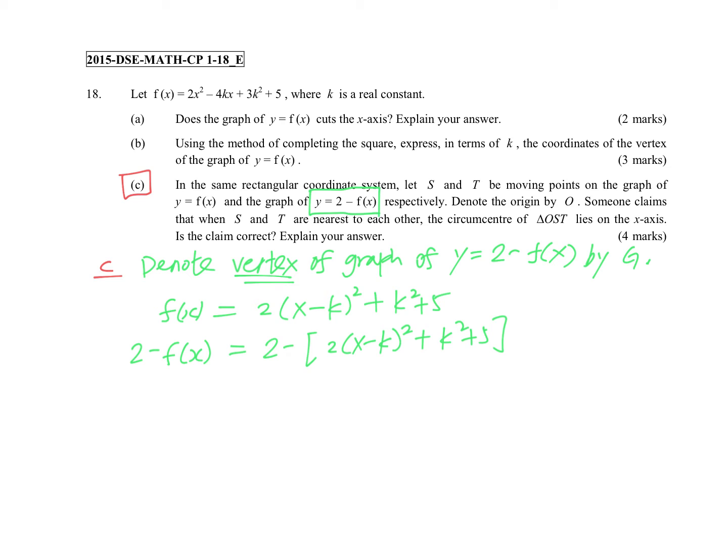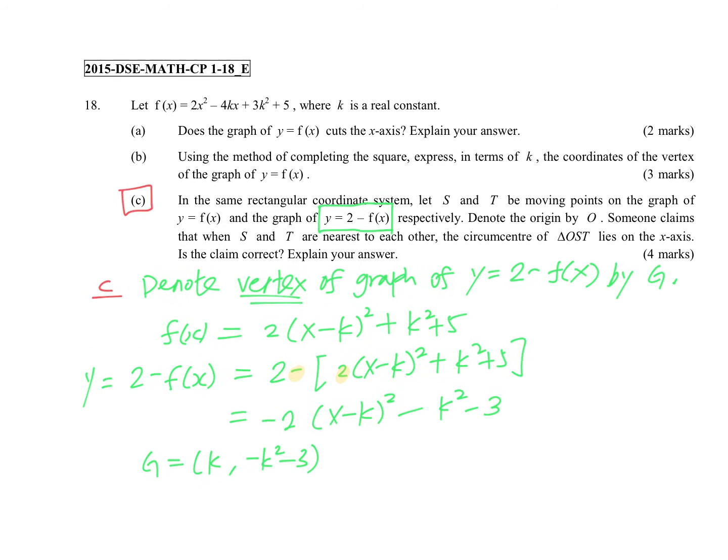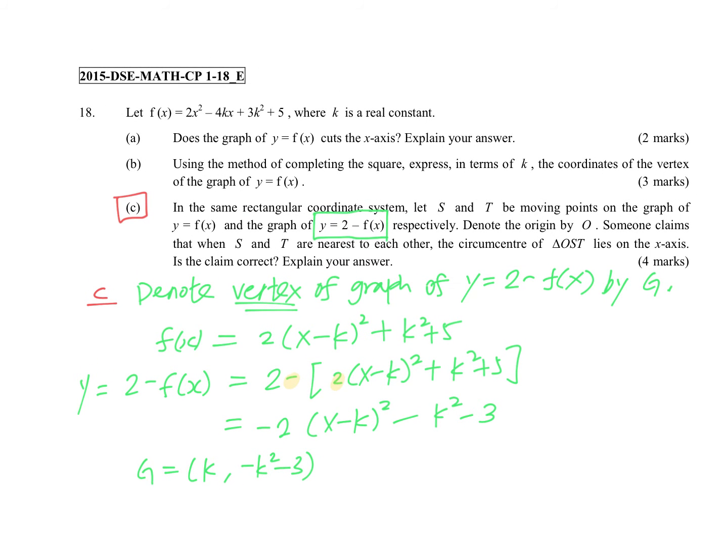This minus sign times 2, so we get minus 2(x minus k) all squared, and then minus k squared minus 5 and plus 2, so that's minus 3. So from this vertex form, G equals (k, negative k squared minus 3), and that will be the vertex of the second graph.